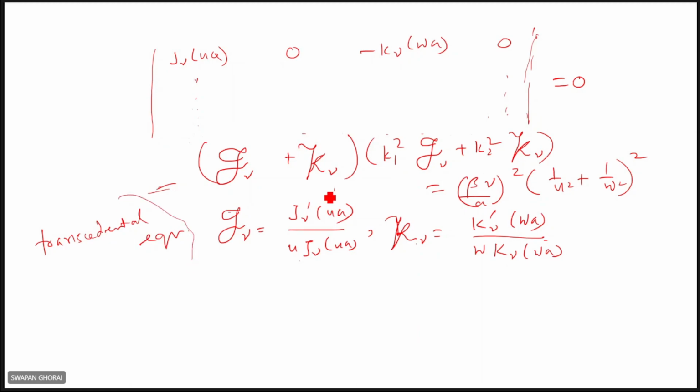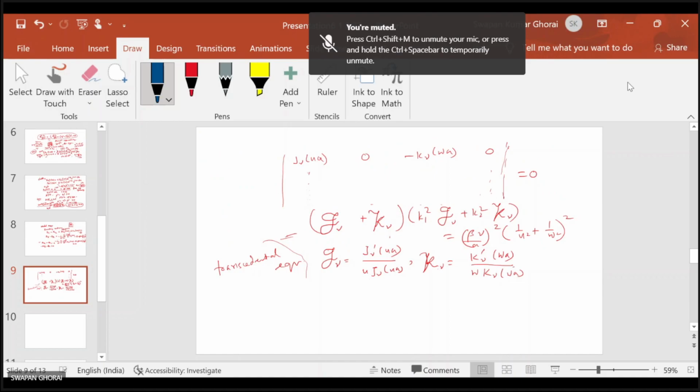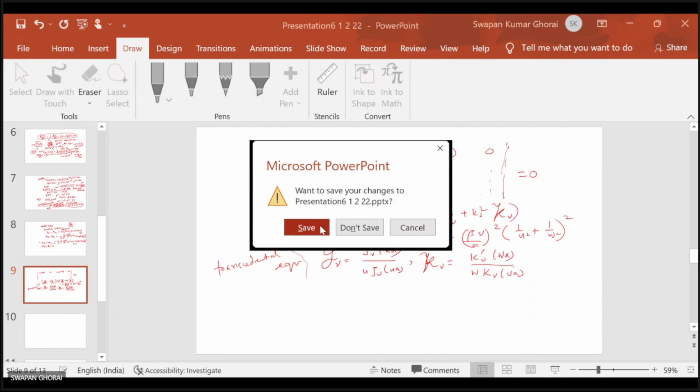It's difficult to solve, but numerically it can be solved. Anyway, we'll see in future how these equations can be simplified. Just a minute, we have to consider another PPT slide.